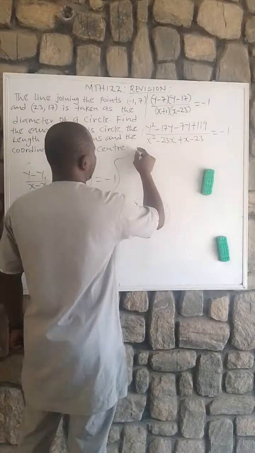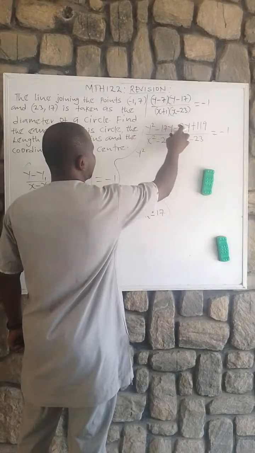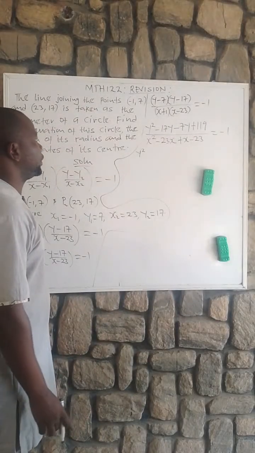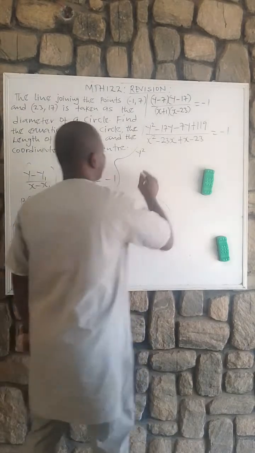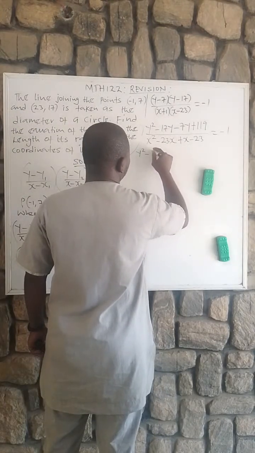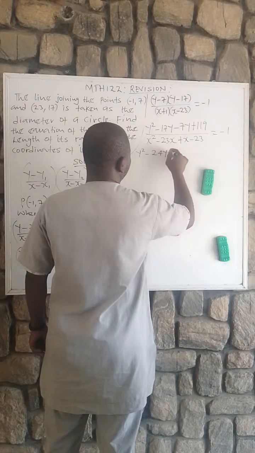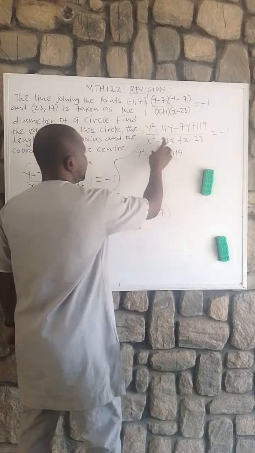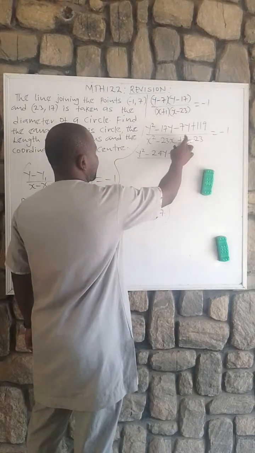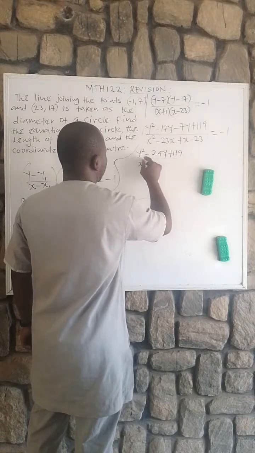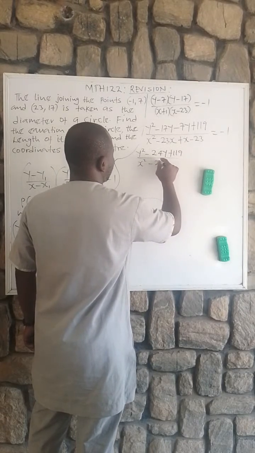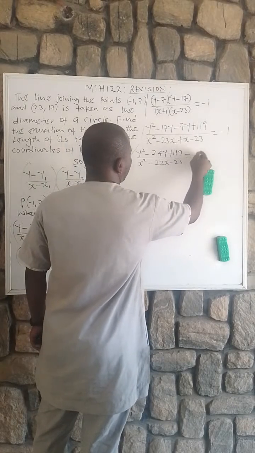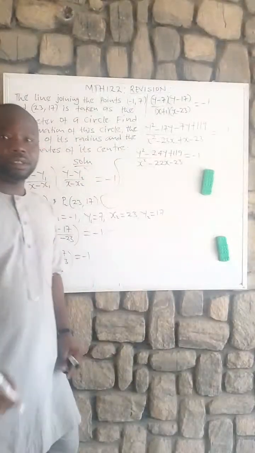We can sum it this way: y squared minus 17y minus 7y, we are going to have minus 24y plus 119. True or false? Then all over minus 23x plus x, x squared minus 22x minus 23 equals to minus 1. Am I right? True or false?